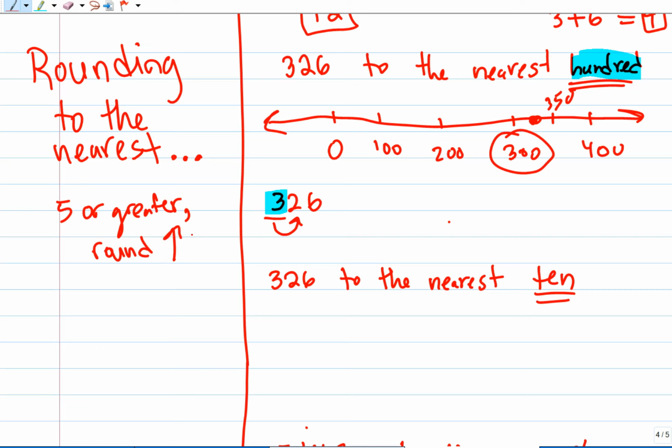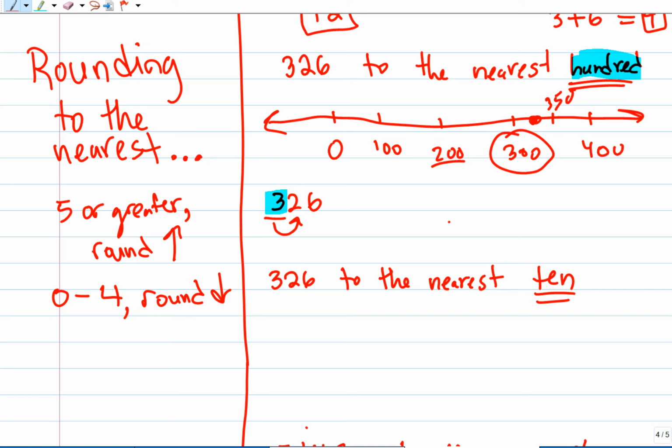Well, that number is a 2, it's not 5 or greater. If that number is between 0 and 4, we round down. That messes up a lot of people, because when they round down, they want to change that 3 to a 2. That's utter nonsense. You're telling me that 200 is closer to 325 than 300?